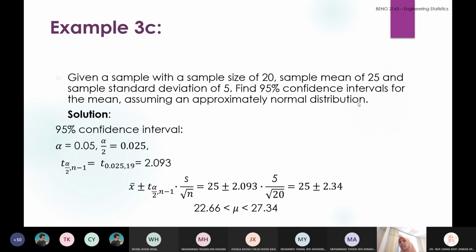So from the list of questions from the example that we discussed earlier, we just want to know whether this is a small or large sample, and whether the population variance is given or not given, known or unknown. Based on this, we have agreed that this is the example where you have a small sample and also unknown variance.